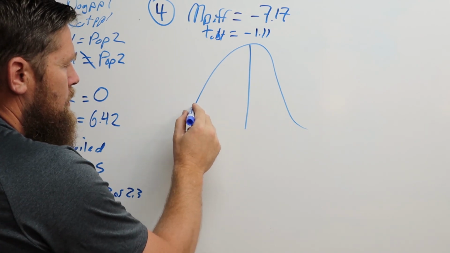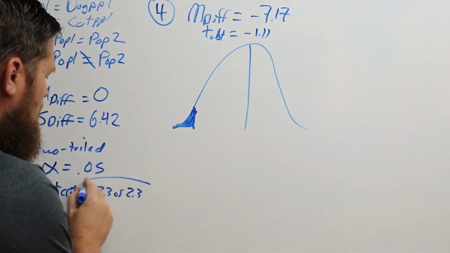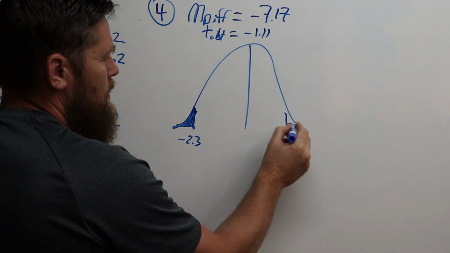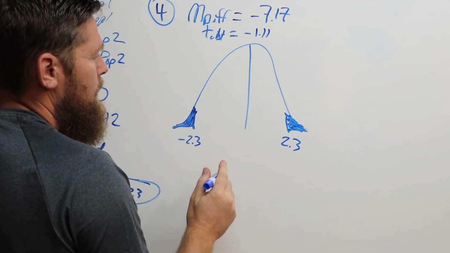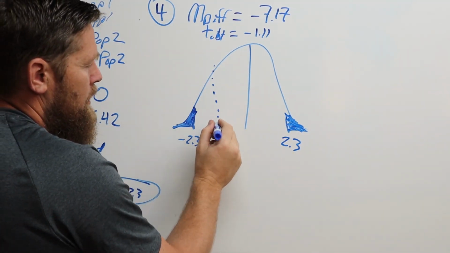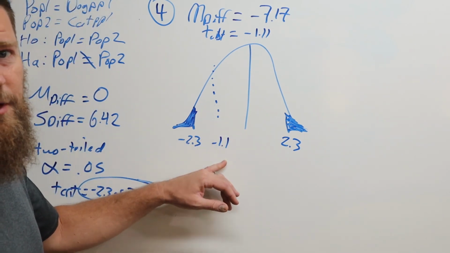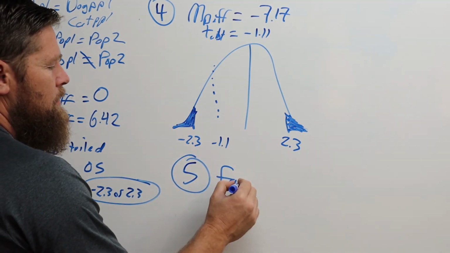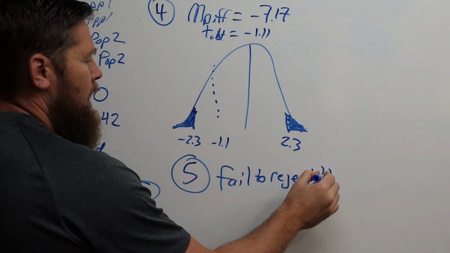And our T critical, where we were going to reject the null, was a negative 2.3 or a positive 2.3. Our score was a negative 1.1. What that means is for step 5, we're going to fail to reject the H0.